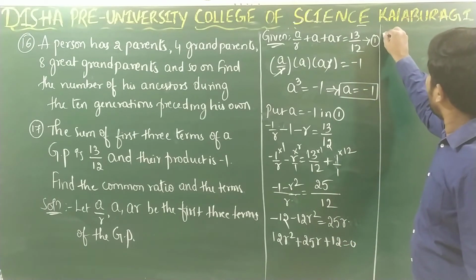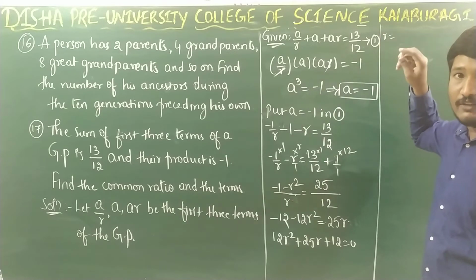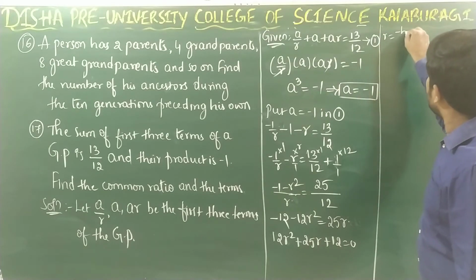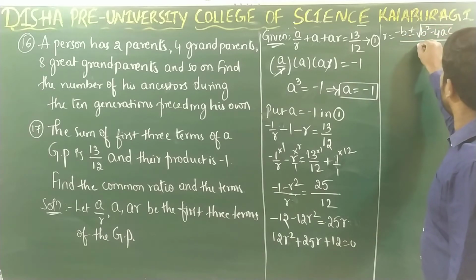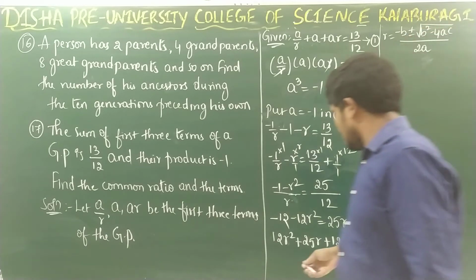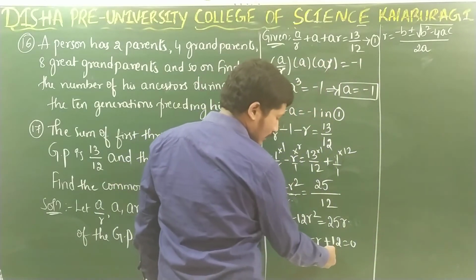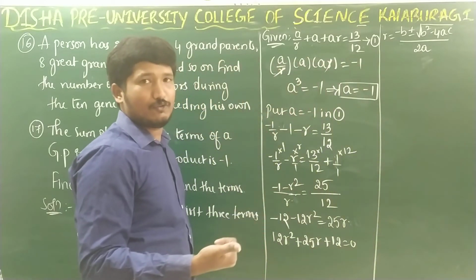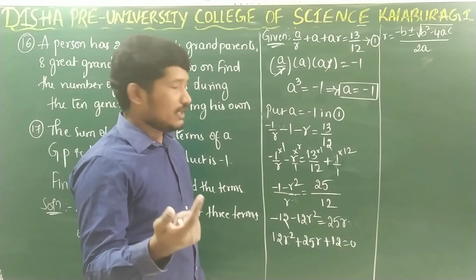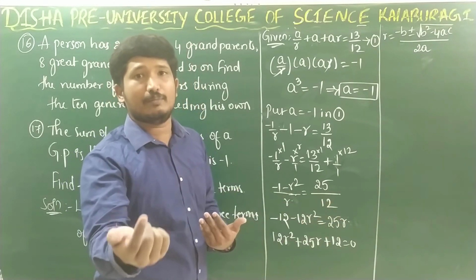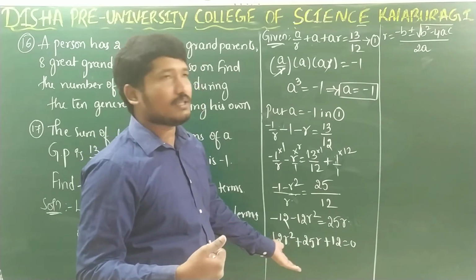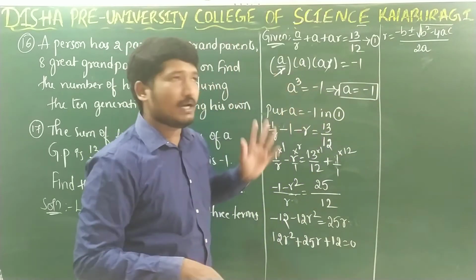So r is equal to, I will go by the formula method, minus b plus or minus square root of b square minus 4ac divided by 2a. See here, the numbers are big, right? 12 into 12 will be 144. Sometimes it will be difficult for us to know the factors also. It will take a bit of time. So instead of doing that, let us go by the formula, right?